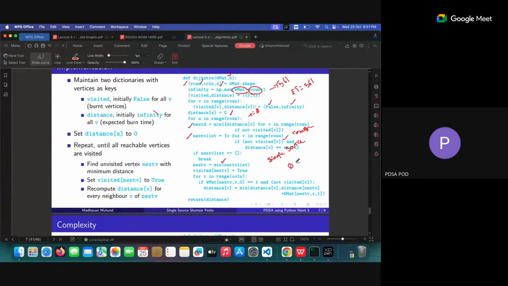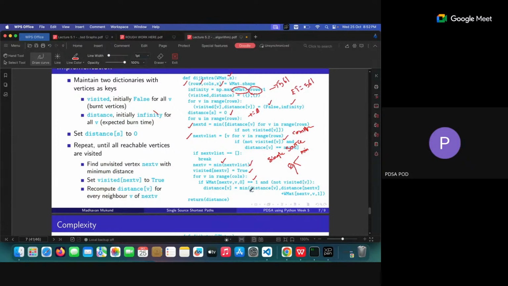In that, the minimum one is selected. Like from 0, you might have multiple paths which it can visit. Which of them is minimum? Like 0 to 1 is there, 0 to 5 is there, 0 to 6 is there. Which one is the minimum? That minimum is selected. Once it is selected, visited is going to be true for that, and it will mark that particular vertex as visited, like whether it is equal to 1, and not visited.